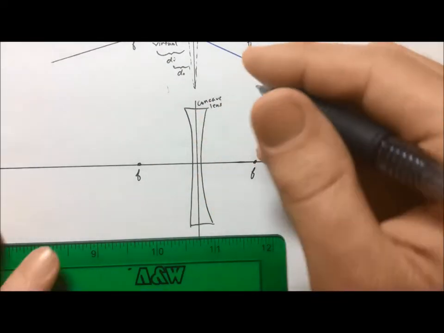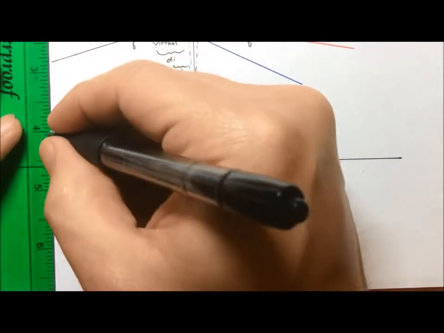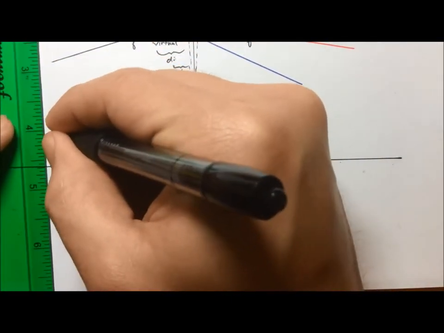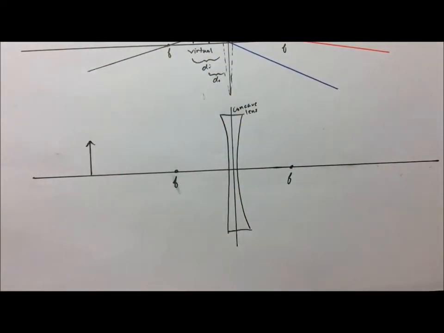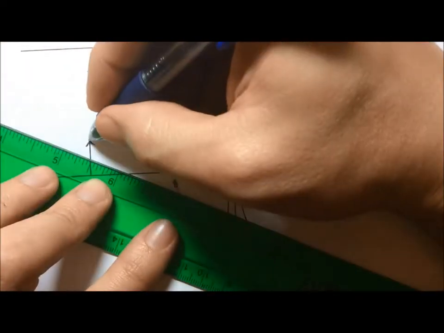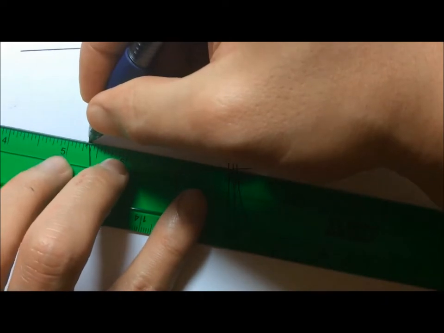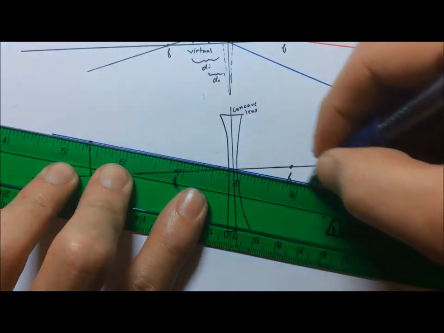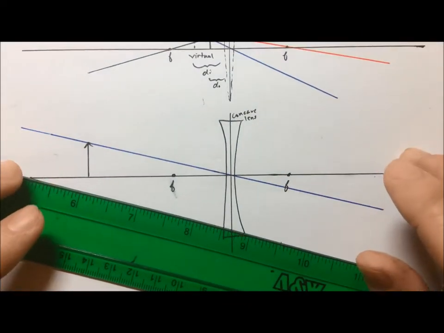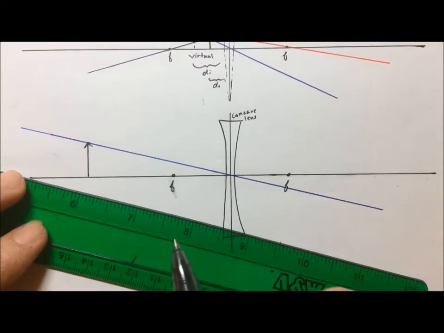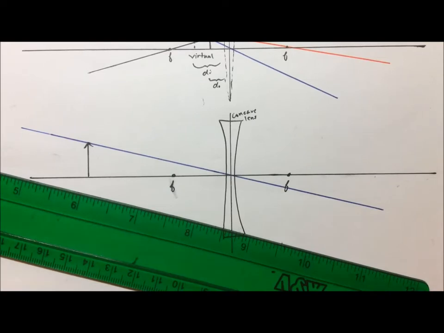And we'll place an object out here. And I'm going to make it rather large. Oop. And so the first line that we do is going to go straight through the center. Unrefracted, really, unchanged in direction. Well, refracted while it's in the glass, but otherwise unchanged.